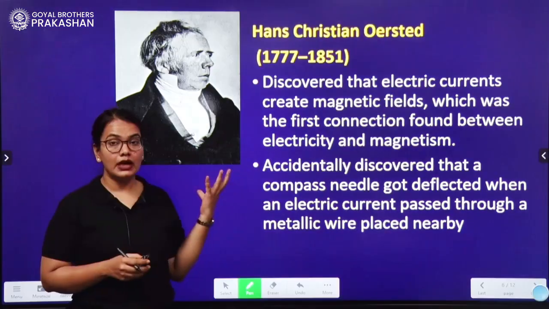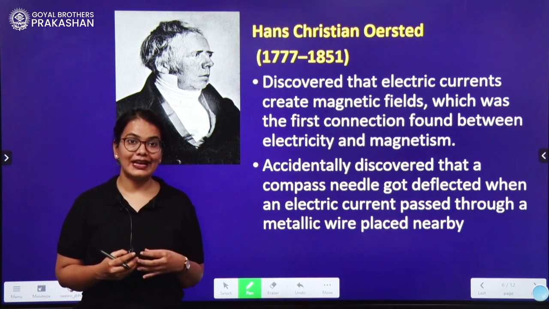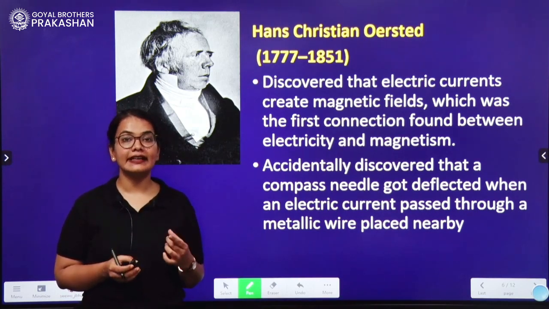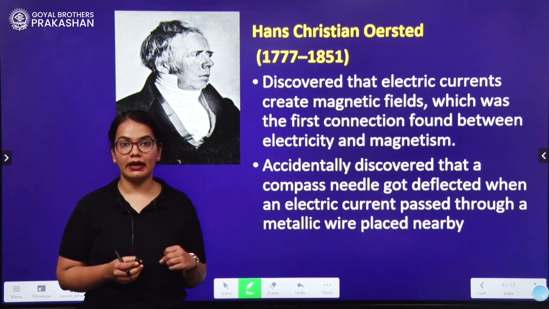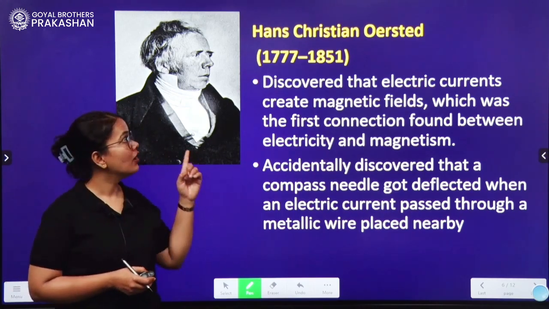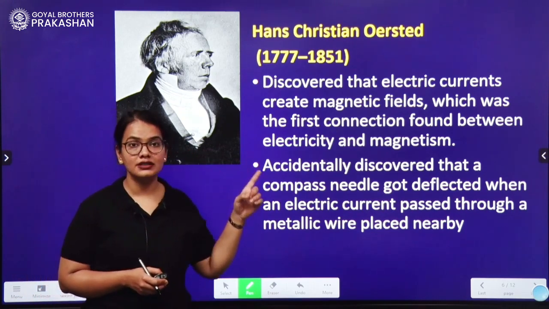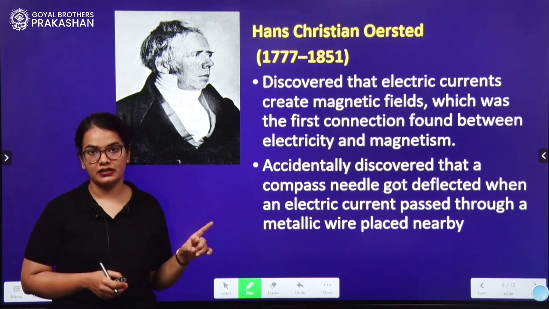Next, as we have discussed the magnetic effect of the electric current, and we have seen how a current carrying conductor or a current carrying copper wire behaves like a magnet, you will be surprised to know that the scientist Hans Christian Ørsted was the first person who discovered this effect.